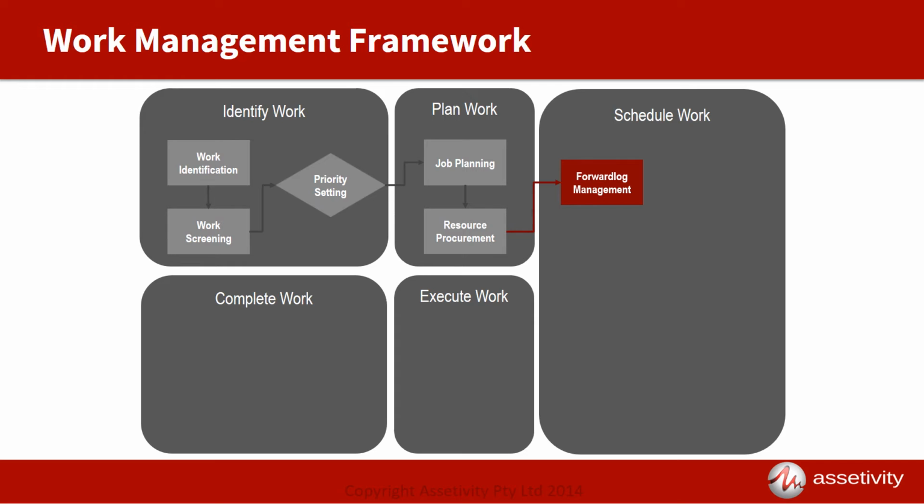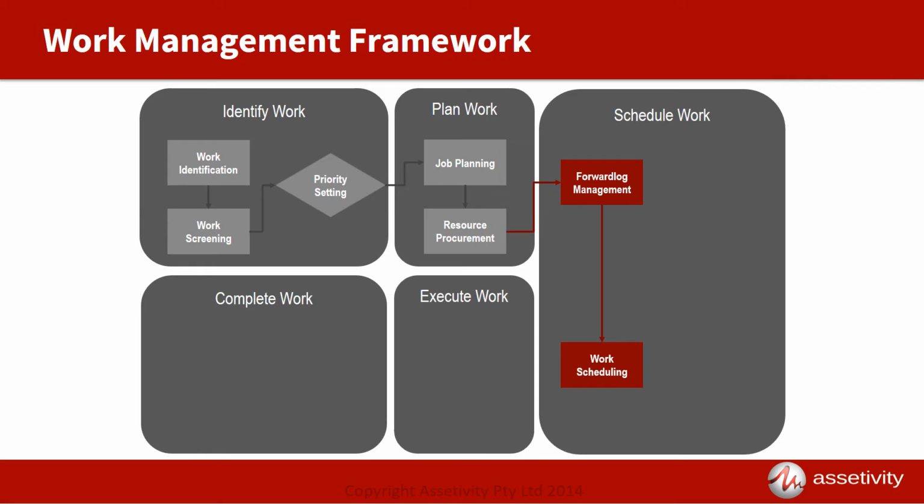As the execution date for the work approaches, the scheduler will prepare a detailed schedule of the work to be completed in the scheduling period, often a week. In preparing this schedule, the scheduler needs to review all of the job plans and make any last-minute adjustments for current equipment condition and for interactions between jobs. An example might be a damaged walkway that requires an alternative, longer maintenance route through a plant.